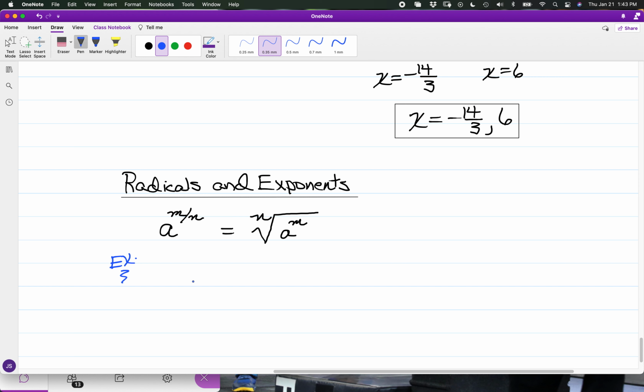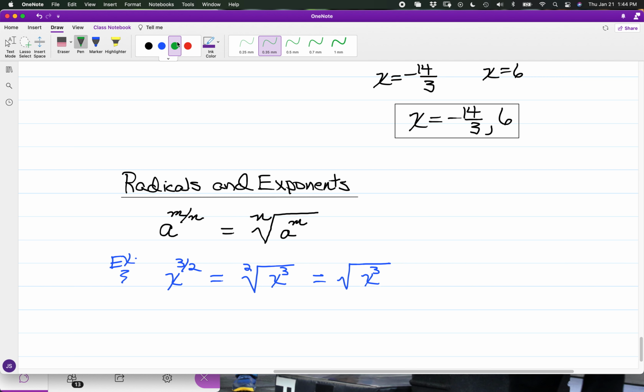Taking some examples, if I have something like x to the 3/2, n is represented by 2 and m by 3. So you have the second root of x to the third, or in the more common display, the square root of x cubed.